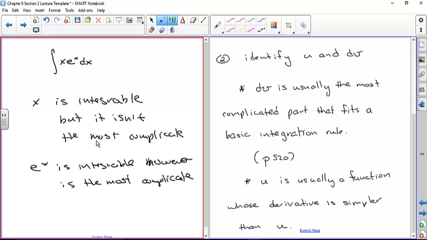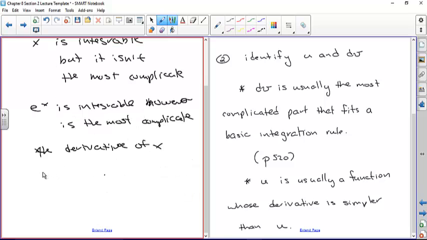But there's also the fact that x, the derivative of x is 1, which is simpler.